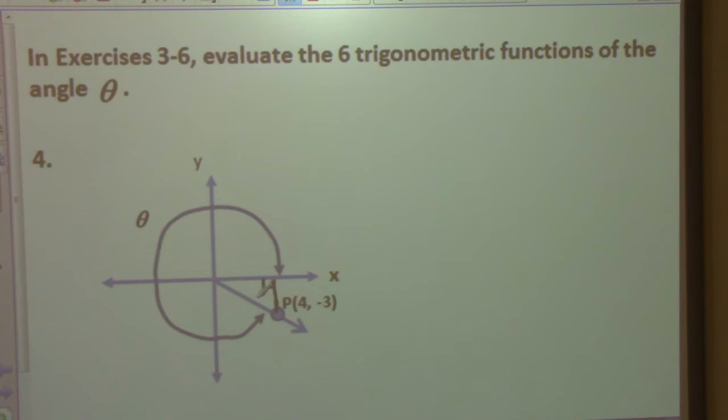Your reference angle, and I'll call this alpha just for different nomenclature, is going to be 360 minus this piece. So all I want to do is call on somebody to help with the 6 trigonometric ratios, so you're writing those down, and I want to call on somebody here in another minute or so to go over how to get those.